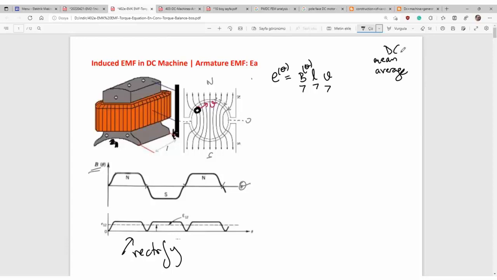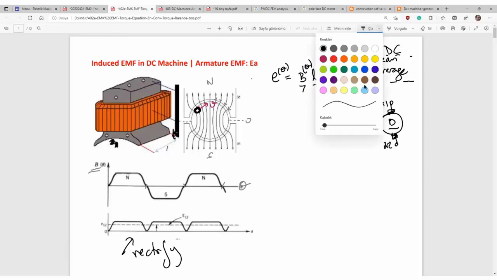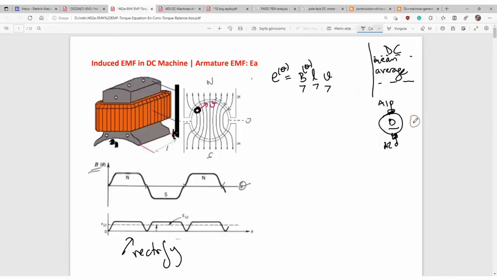DC means mean value or average. So between the brushes, let's say here's the armature, let's say a dynamo. Between the brushes, A1 terminal, A2 terminal, you want to induce a voltage. Let's say we use a voltmeter to measure the voltage. You will induce such a voltage.